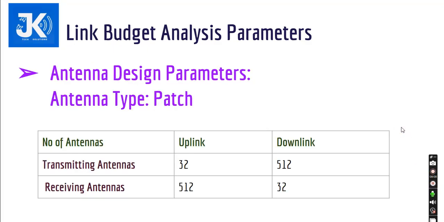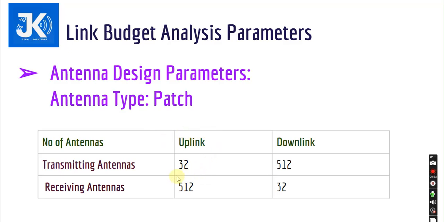Okay, now after seeing the different parameters, we are going to see about antenna design parameters. In this video, we have taken the antenna type as patch antenna. For the patch antenna, as you can see, we have created a table. In this, we have transmitting antennas and receiving antennas. For transmitting antennas, we have considered both uplink and downlink.